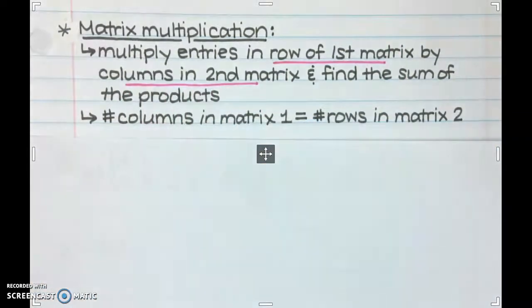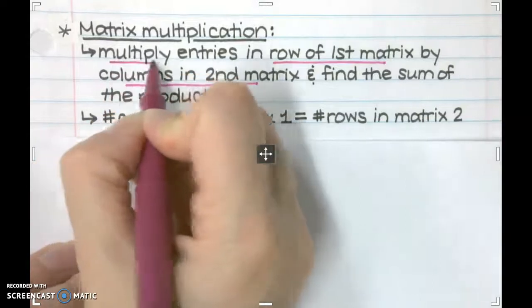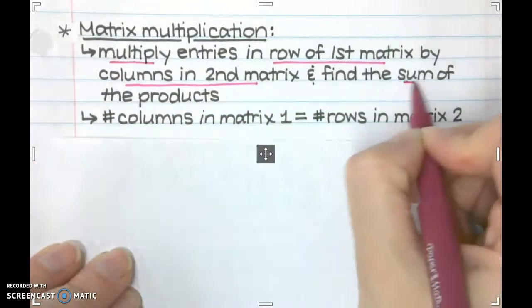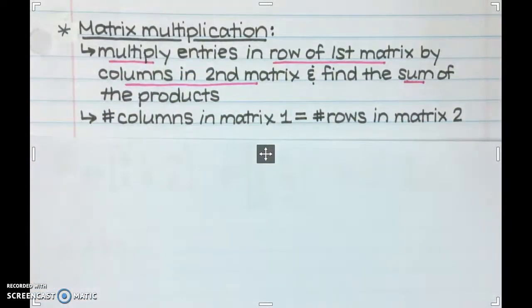We're multiplying those things together, and then we're going to find their sum. So we're looking at a row in the first matrix, a column in the second matrix, finding individual products, and then the sum of each of those. In order for us to perform matrix multiplication, the number of columns in matrix 1 has to be the same as the number of rows in matrix 2.